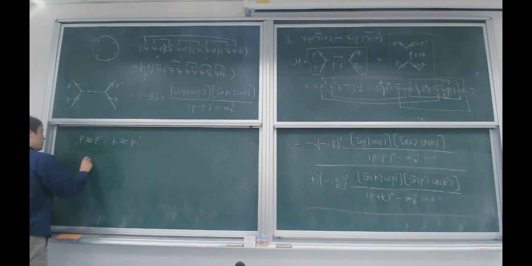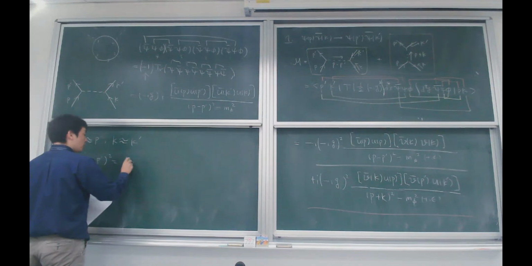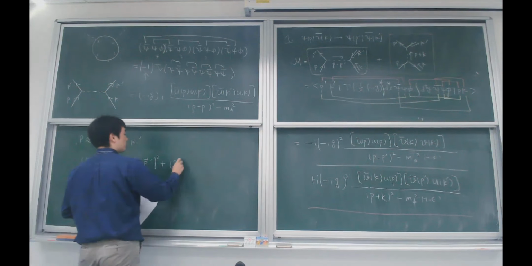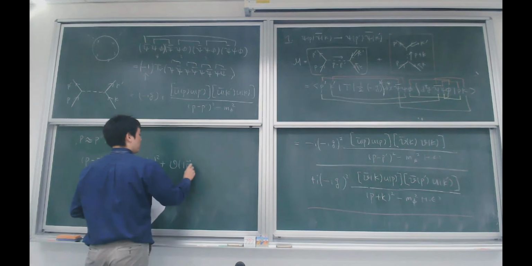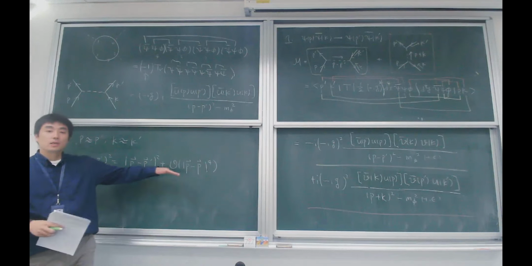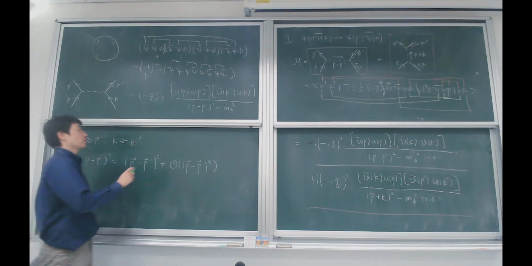So when you have P minus P prime, this is essentially of the order of P minus P prime to the fourth, and we just ignore this, it is very tiny. So this is the non-relativistic limit.